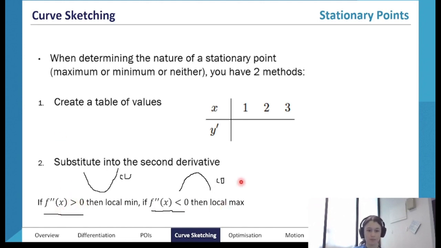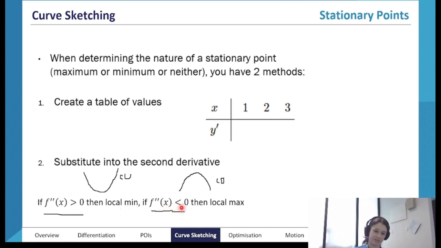So you can either remember these two rules down here, or you can remember them just by remembering this process. The way that I remember them probably isn't actually that helpful, but I just couldn't think of any other way, is that it's just the opposite of what you'd expect. You know what I mean? If the second derivative is positive, then it's a local minimum. So it's the opposite, and the same thing here.